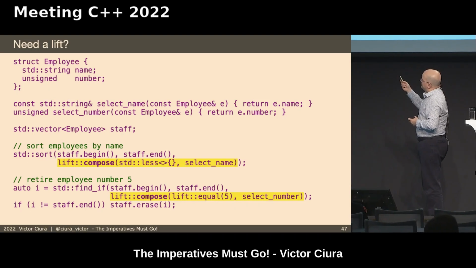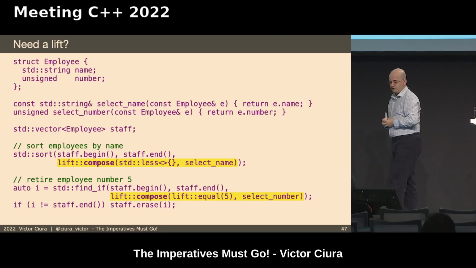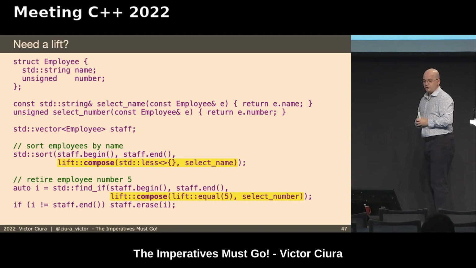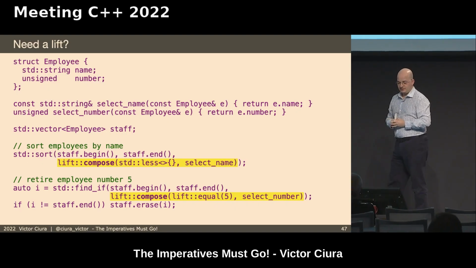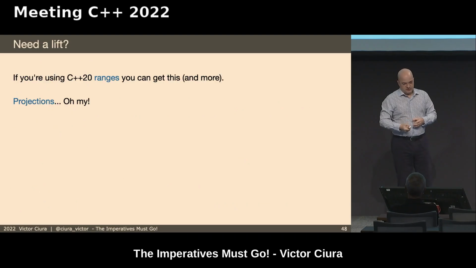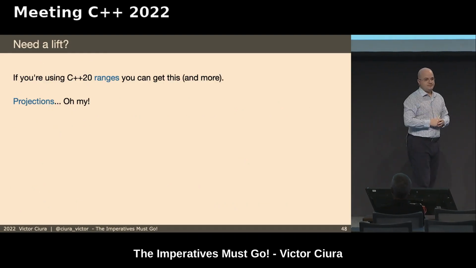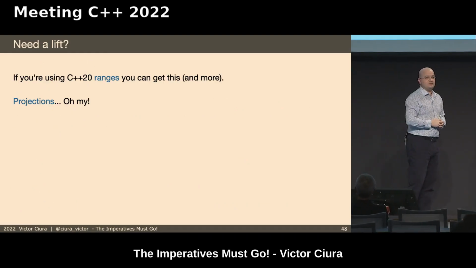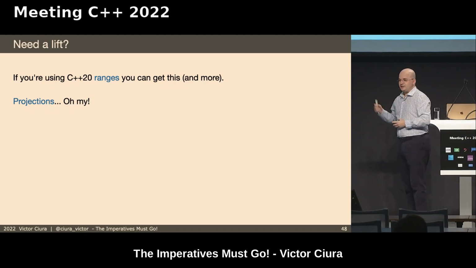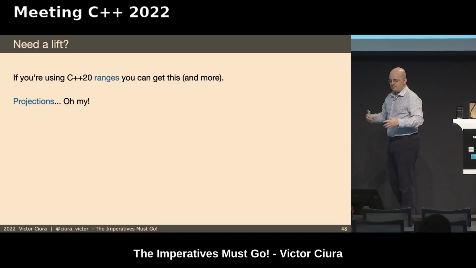But I wanted to highlight how we can compose these two functions and even have a partial function application by providing 5 there as an argument to equal, again, to accomplish these things. And don't worry, if you can use C++20 ranges, you can do things like this and more with projections.